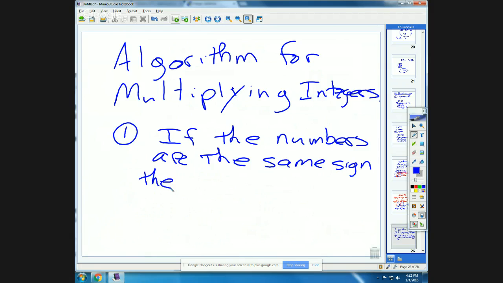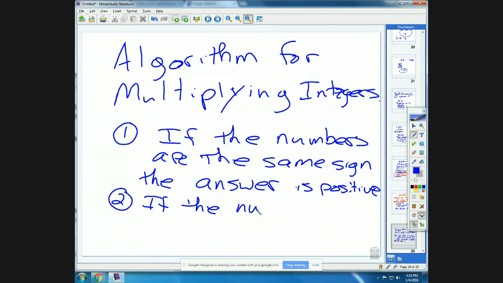Positive times a positive, negative times a negative. All positive. The answer is positive. So if the numbers are the same sign, the answer is positive. Let's see. If they're not the same sign, they are opposite sign.